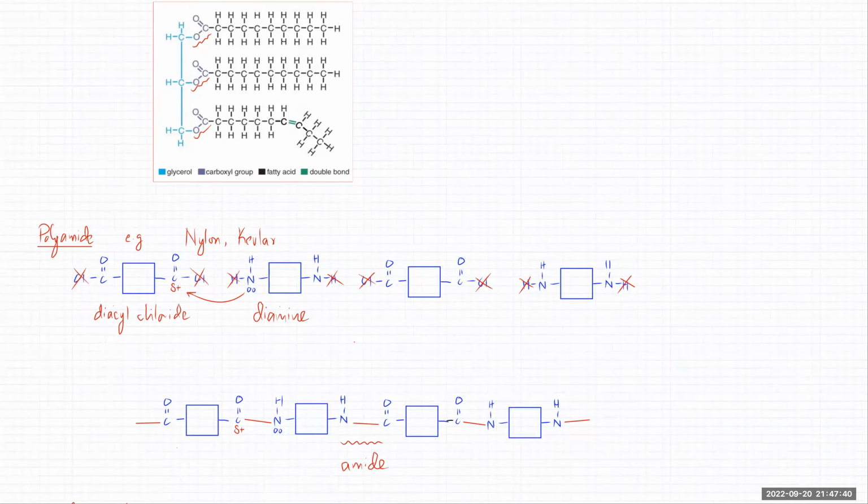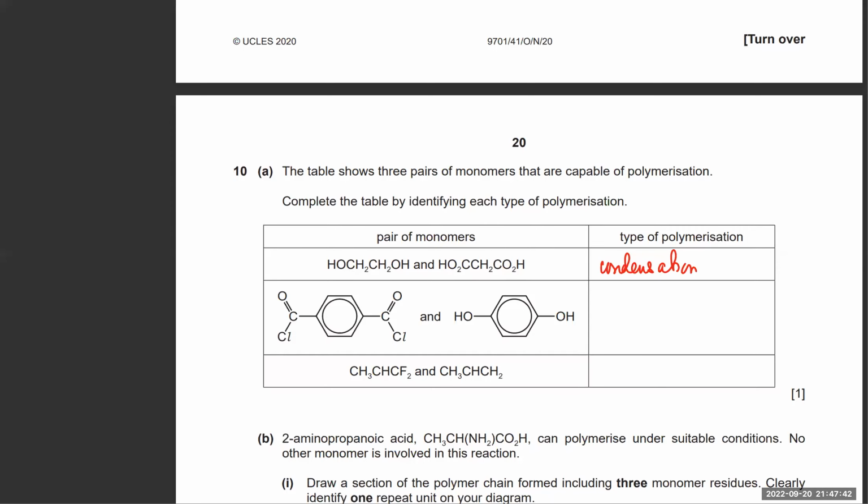So this one will also be a condensation polymer. The carbon is going to be strongly positive. The oxygen will have a lone pair. So these two will get attracted to each other. The H and the Cl will get eliminated.